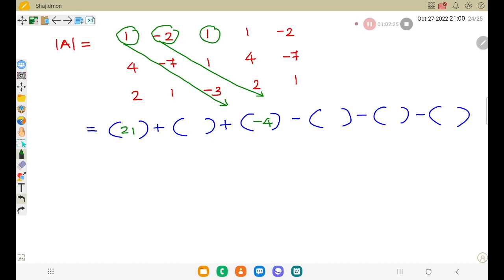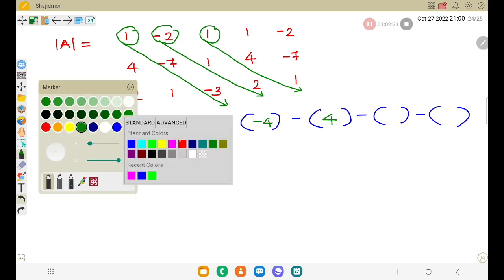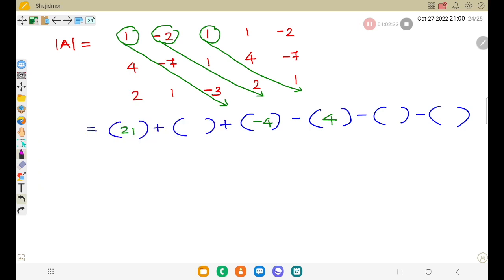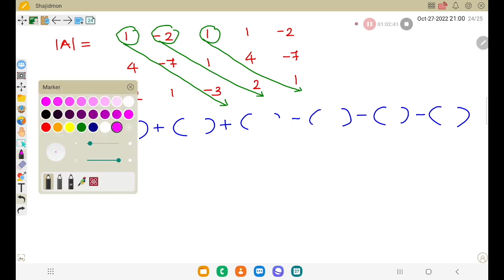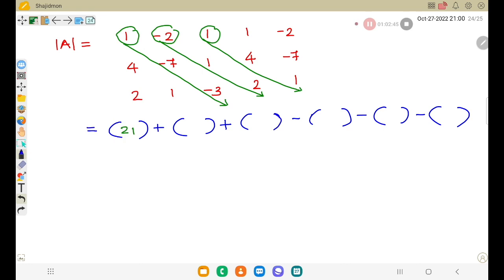Now here 1 multiply 4 multiply 1 means 4. Now the bottom arrows should be minus 3 numbers. So here I missed 1 bracket when I wrote it. Anyway, here it is minus 4 and here it is 4.